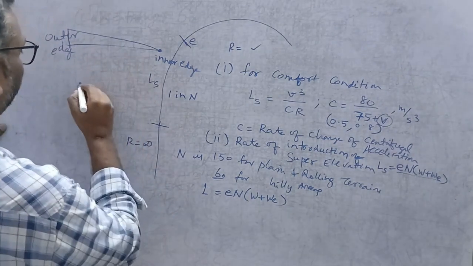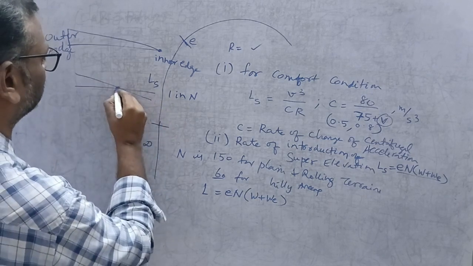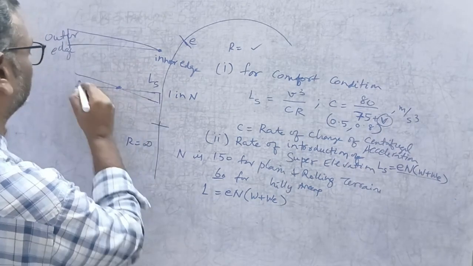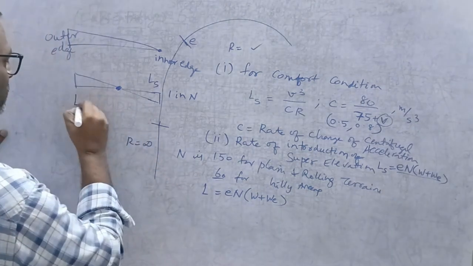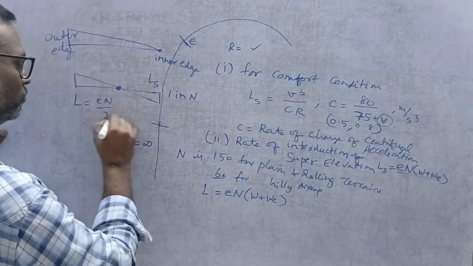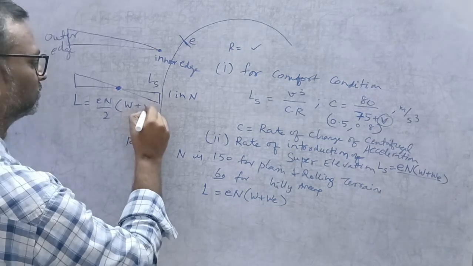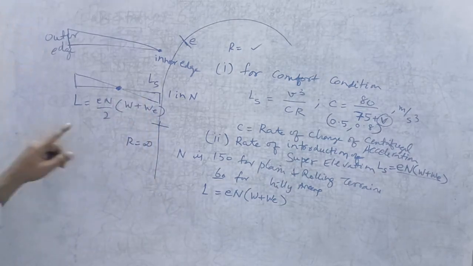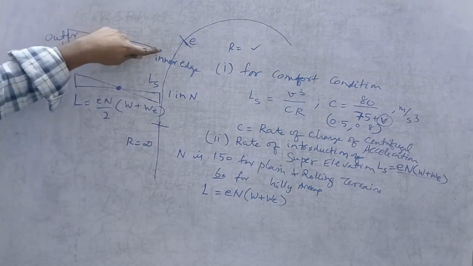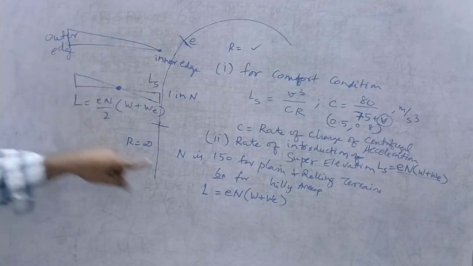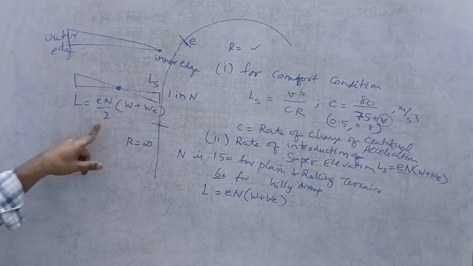If the road is rotated about the center line of the road, then this L becomes E n by 2, because 50% is here and 50% is here. So if the road is rotated about the inner edge, then this is the formula, and if it is rotated about the center line, then the other formula applies.